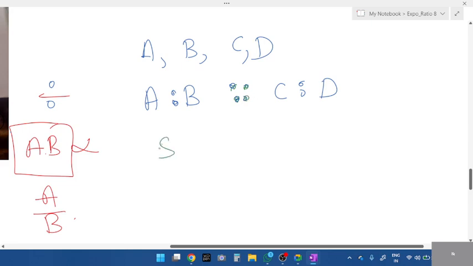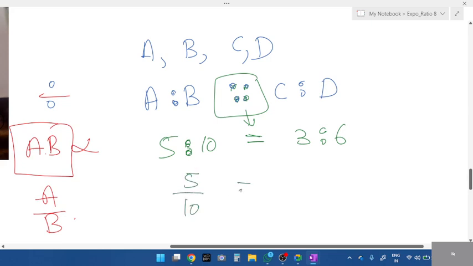Now, if I write 5 is to 10, with this proportionality symbol, the meaning of this is equal to 3 is to 6. Tell me the next step. 5 is to 10 is given. How do I solve? Very good. 5 by 10 is equal to, reduce it. No, no. How can it go to 6?